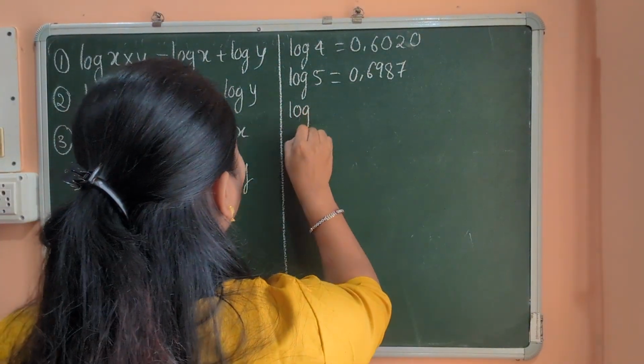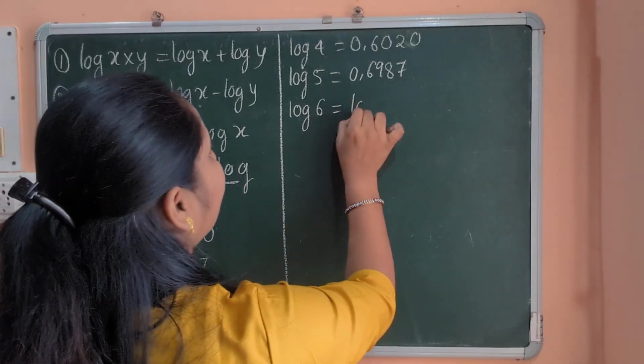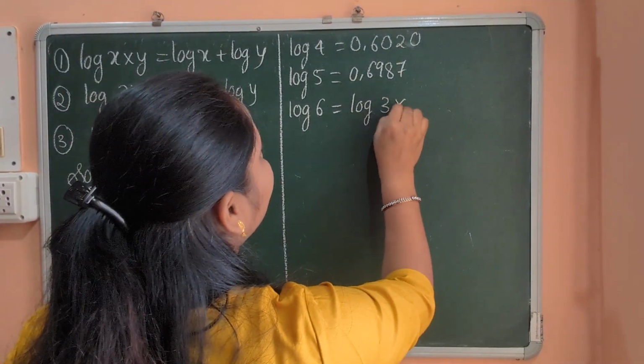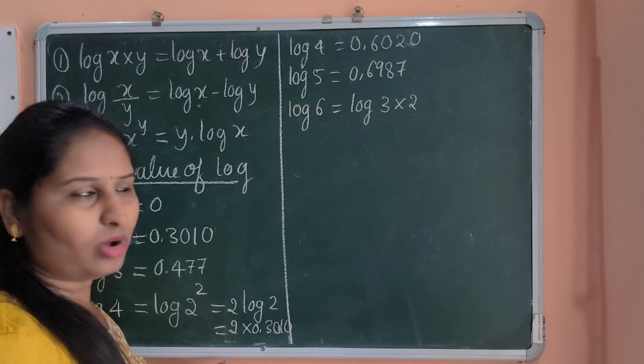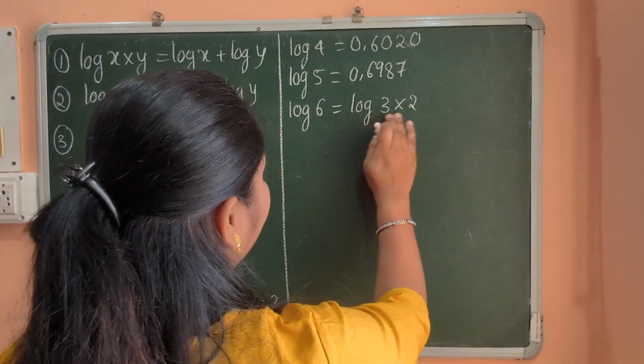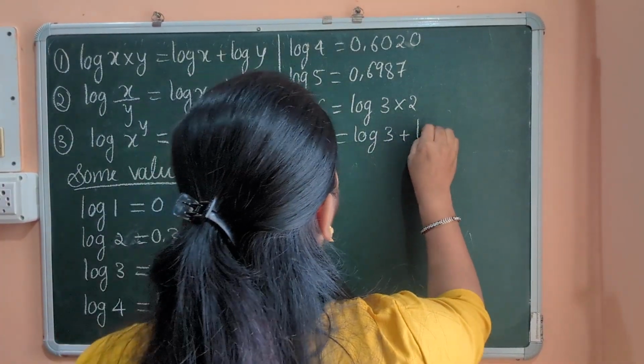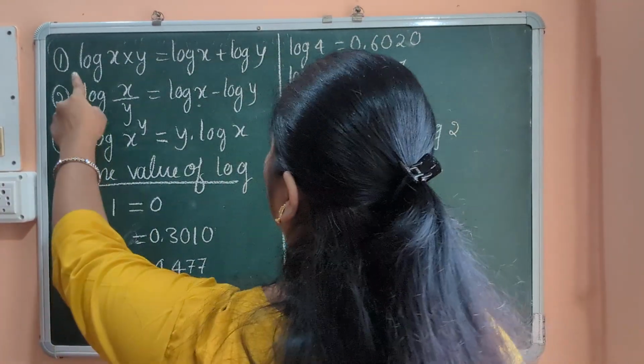Now log 6. How to calculate log 6? Log 6 can be written as log 3 into 2, which can be written as log 3 plus log 2. Which formula can you observe here?